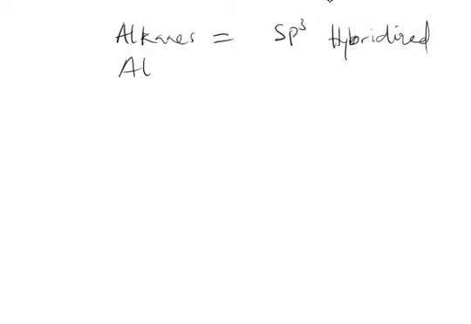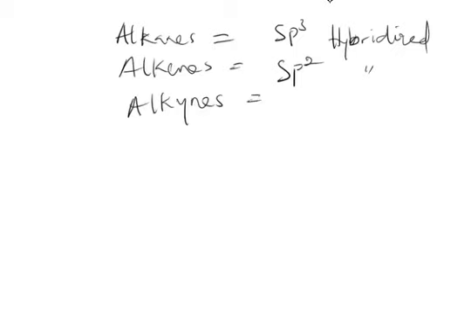Alkenes, on the other hand, are sp2 hybridized, while alkynes are sp hybridized.